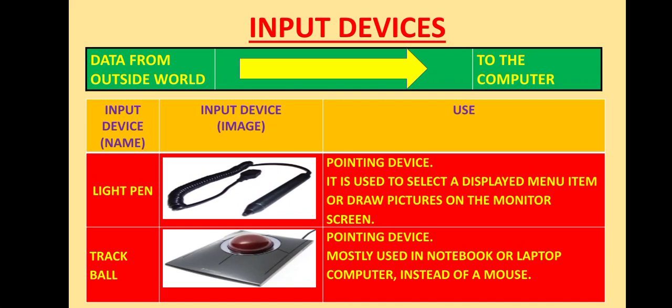If you are using a laptop, you might have seen that even if you don't connect an outside mouse to the laptop, you can still work with it. It has a mouse pad, and on that mouse pad you can left click, right click, or select some item.